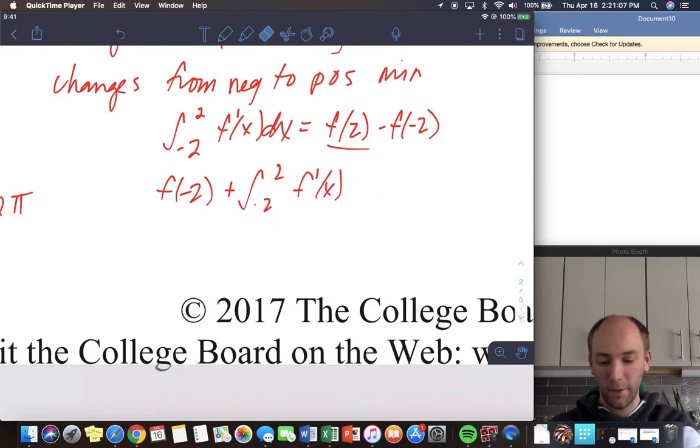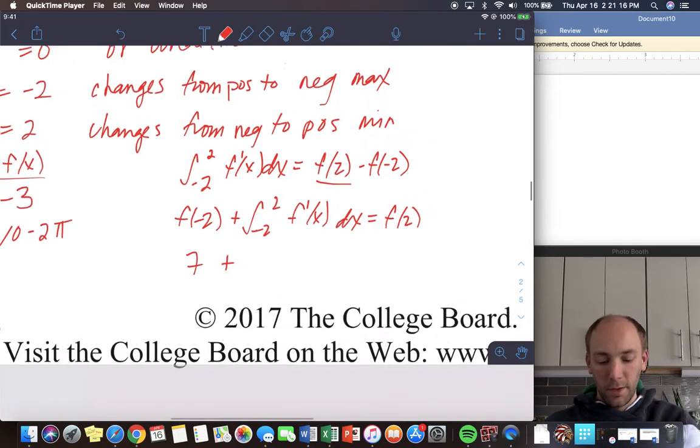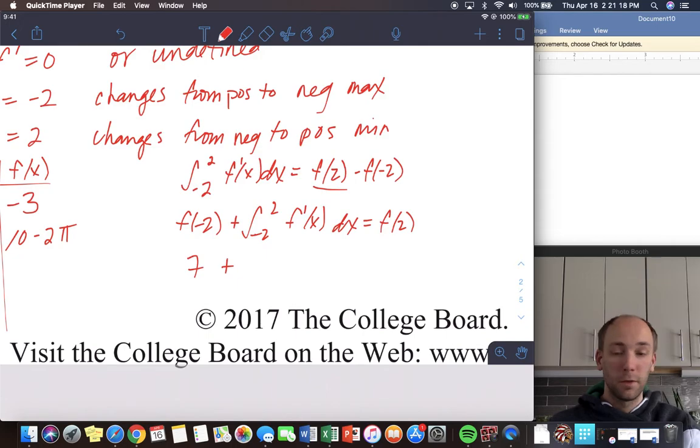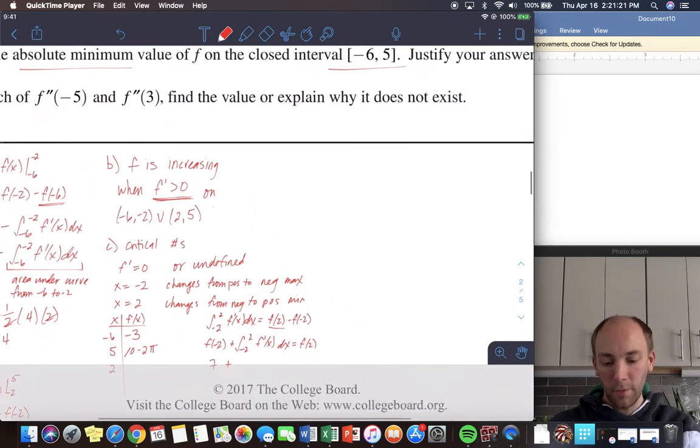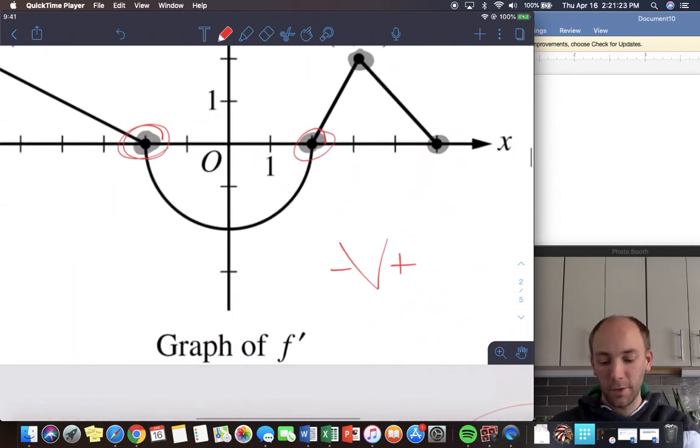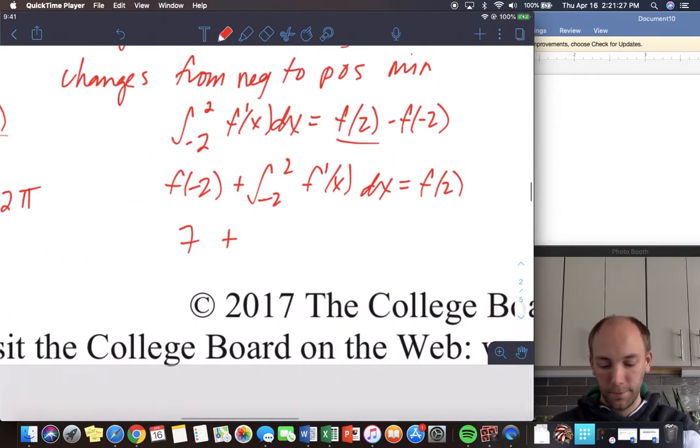So f of negative 2 was 7 plus, and then from negative 2 to 2 is that semicircle. So minus 1/2, negative because it's below the x-axis, 1/2 because it's half the circle, pi radius squared. So this is just 7 minus 2 pi.